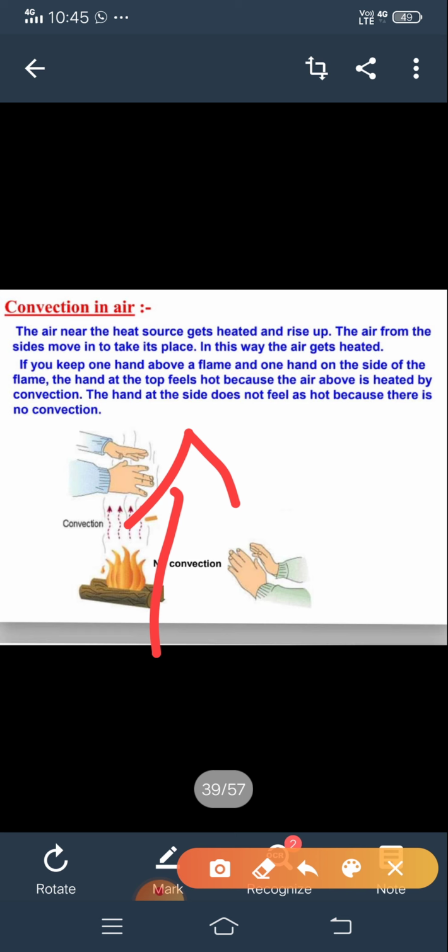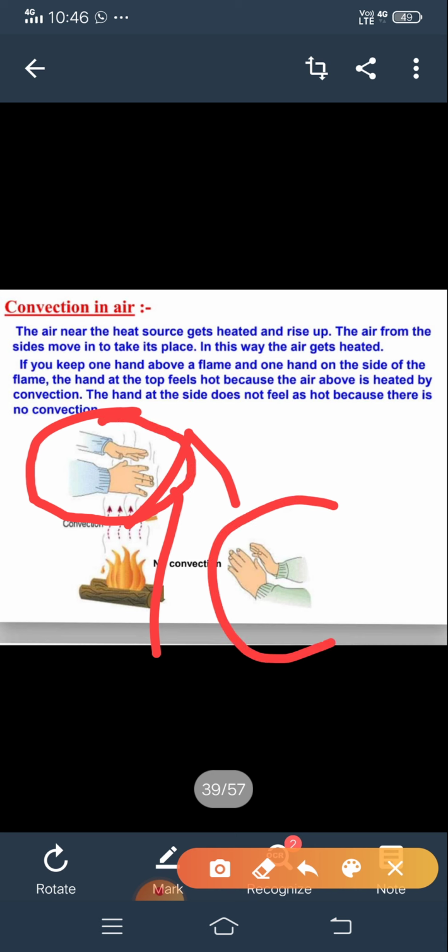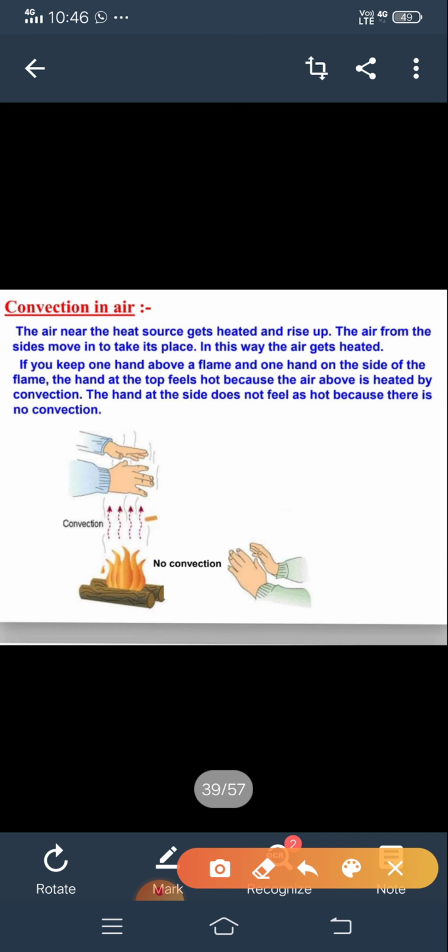The air gets heated. If you keep one hand above the flame and one hand on the side of the flame, the hand at the top feels hot. Just observe here is a burner and convection is there.